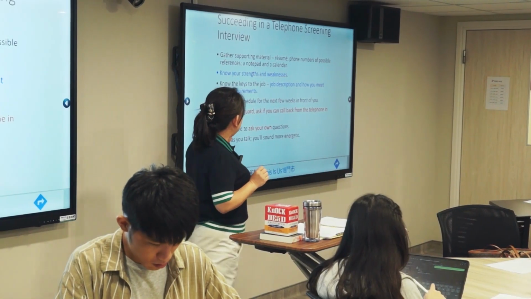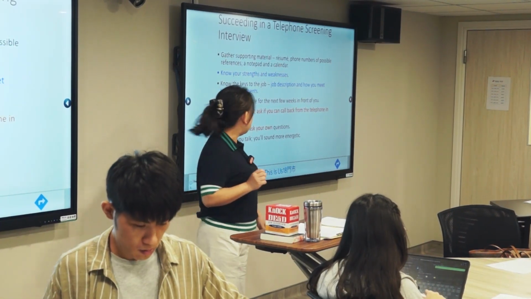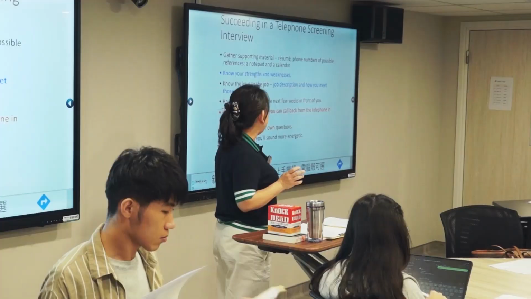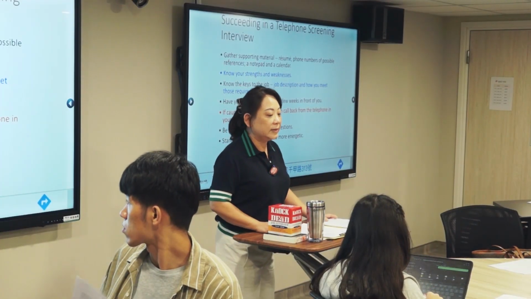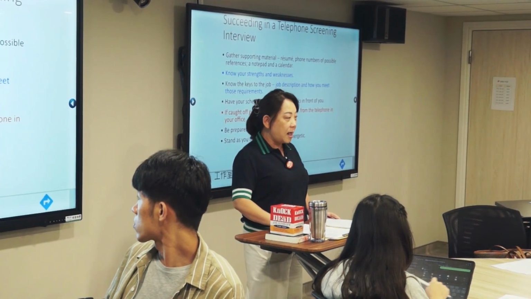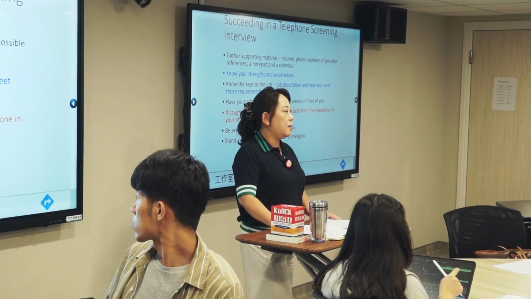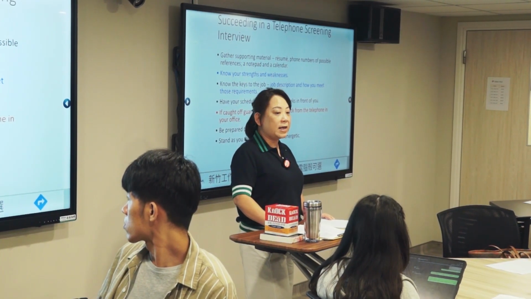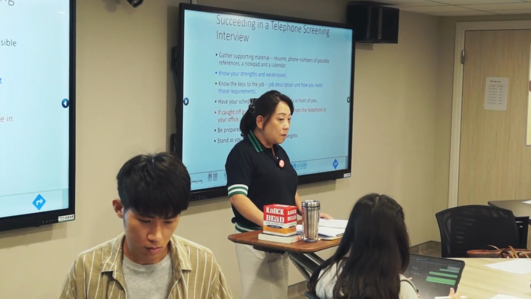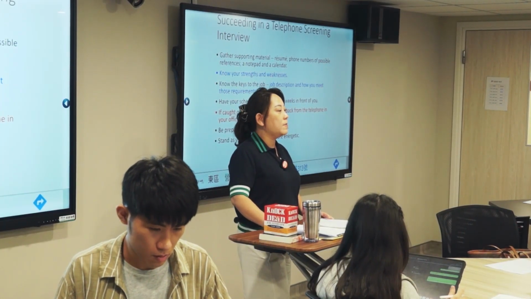And also, if caught off guard, ask if you can call back, or ask for the telephone in your office. Sometimes they will ask, can I have your email or phone number so I can contact you? I will call back to know about the outcome.